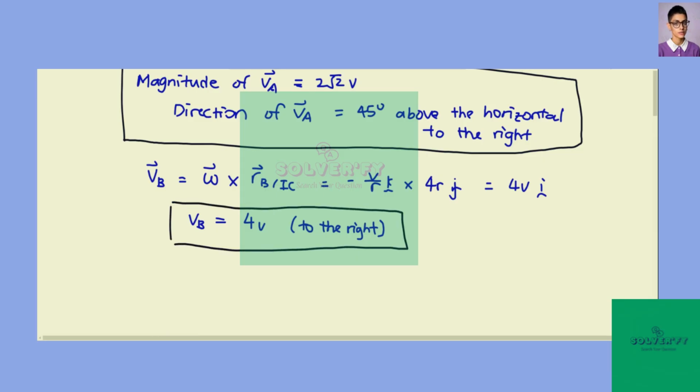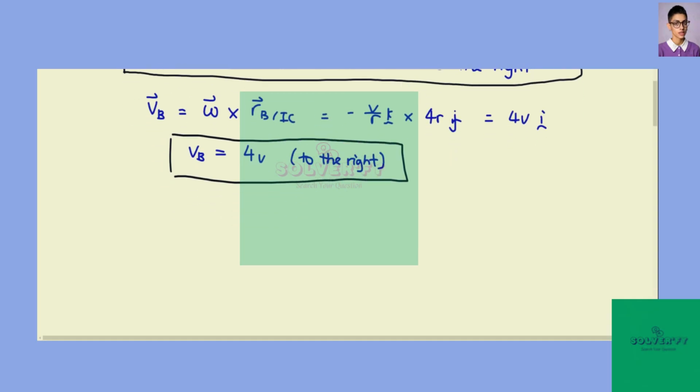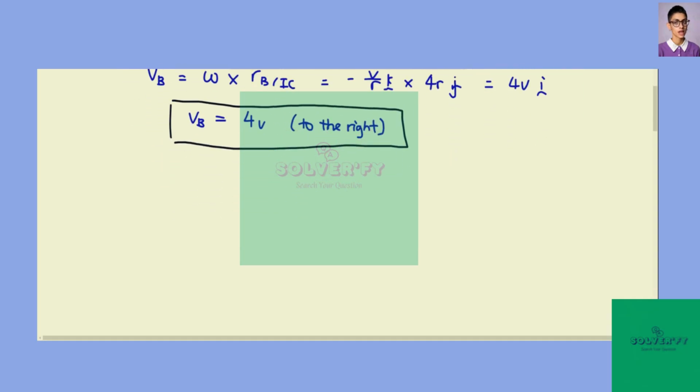Next we move on to the acceleration. For acceleration, we note that because V is constant, at the center the acceleration will be 0. So we expect that the angular acceleration of the gear will be 0.